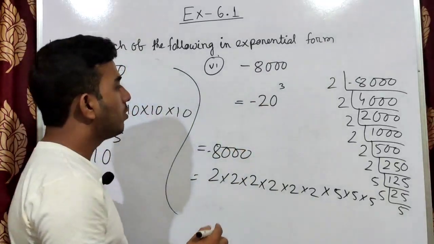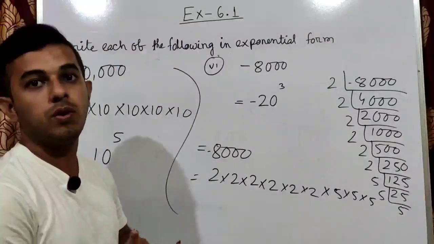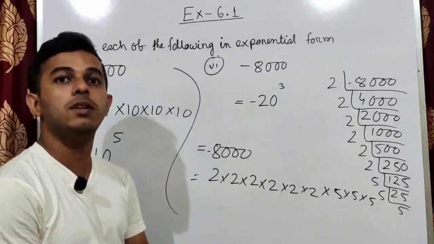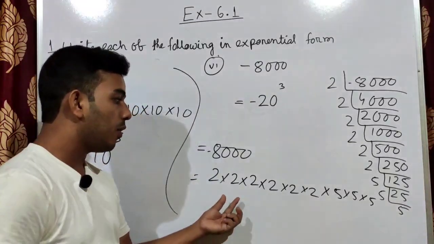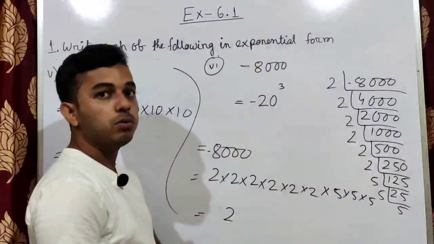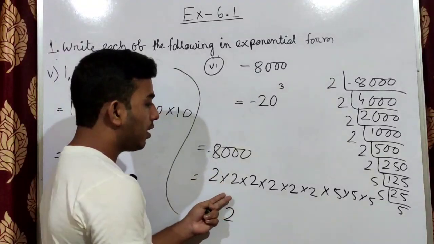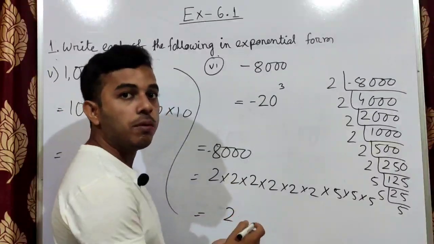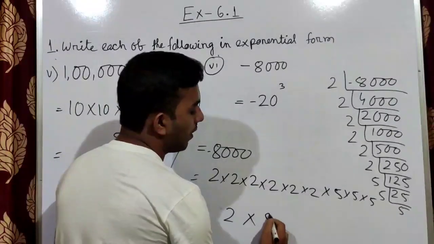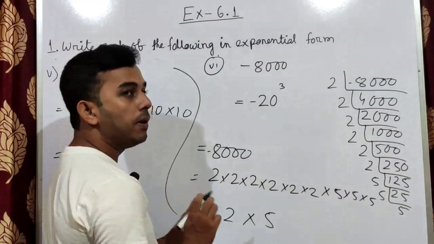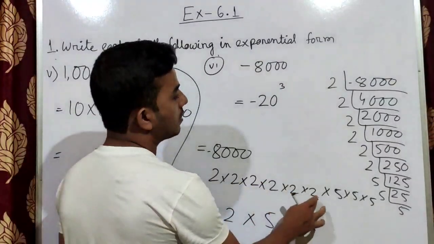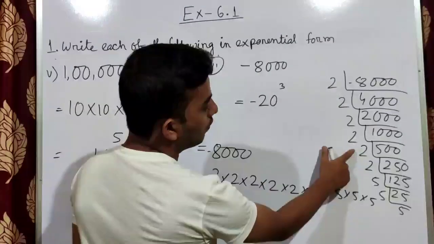In question number 2 or question number 4, one question was like this, right? A into B into B into B into C, like this expression. Now for this we have to find out how many 2's are there. First of all, we have to find which numbers are multiplied. 2 and 5 are multiplied with each other, so we will first write 2 into 5. Then how many times have we multiplied 2? 1 2 3 4 5 6.